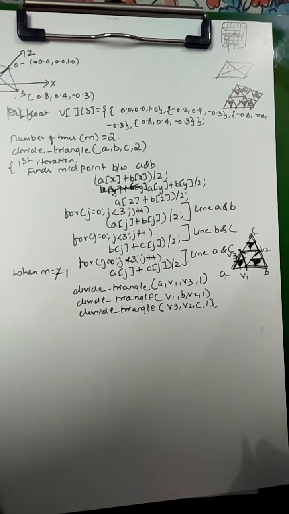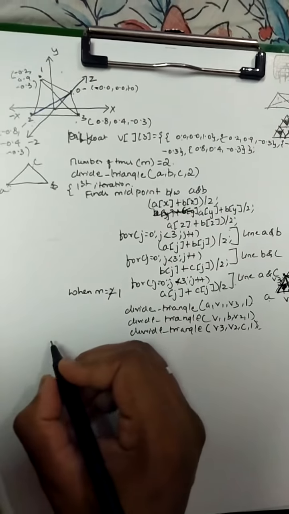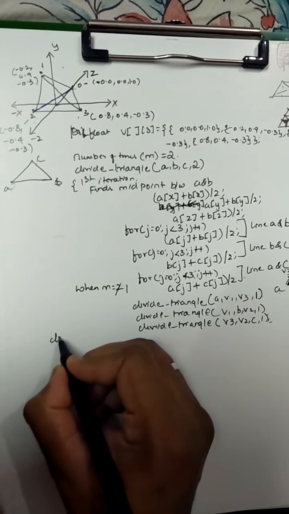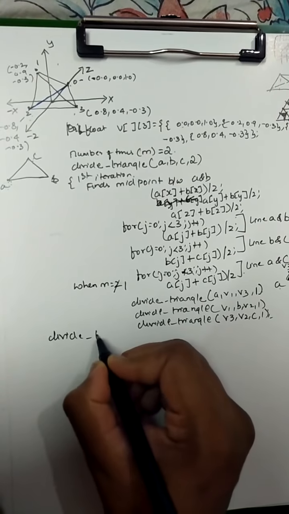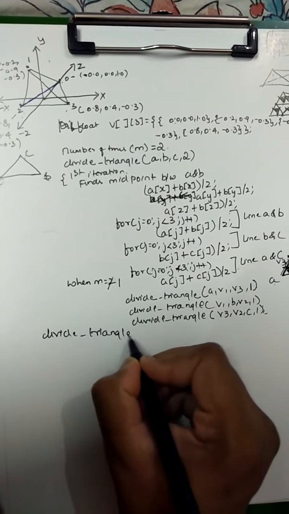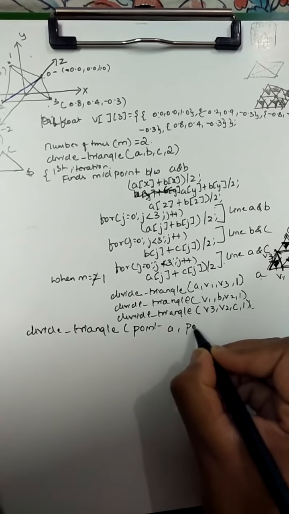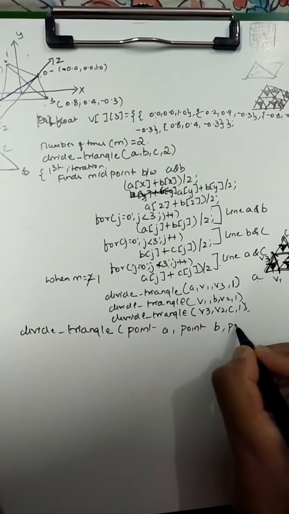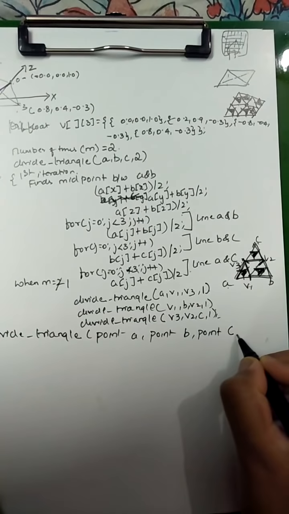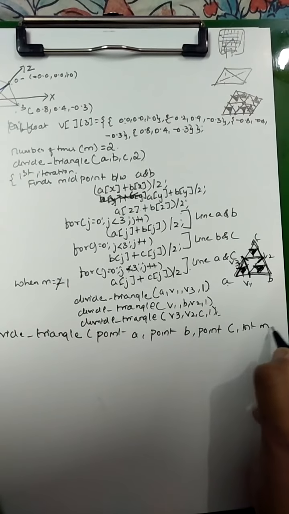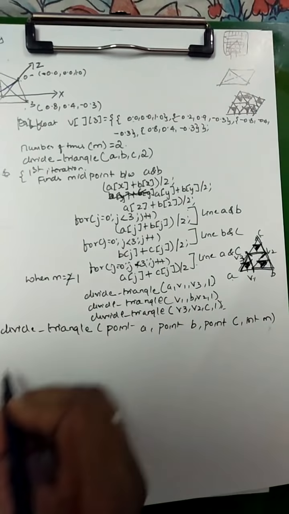So if this is the case, I can write the divide triangle function something like this. Divide triangle, I'll be passing point A, point B and point C, and the number of times that I have to iterate as an integer m.